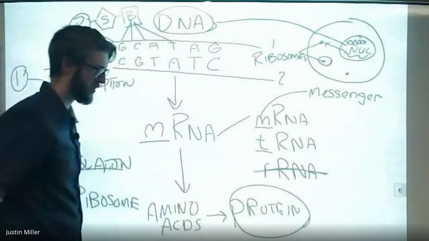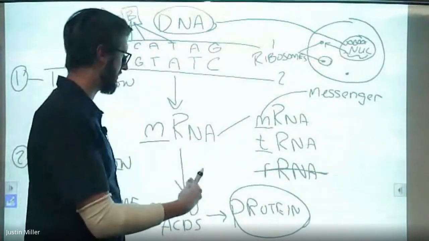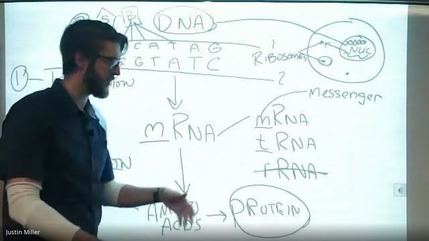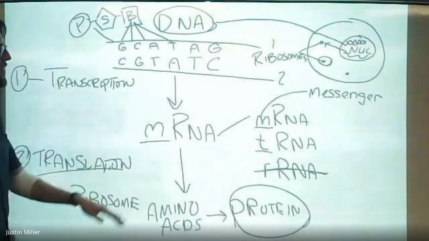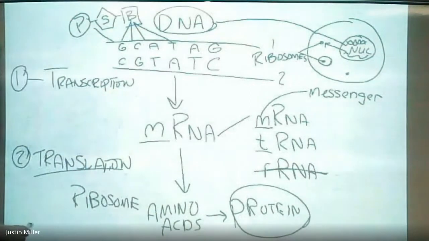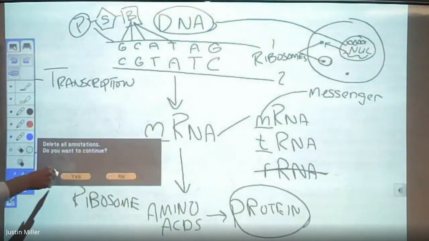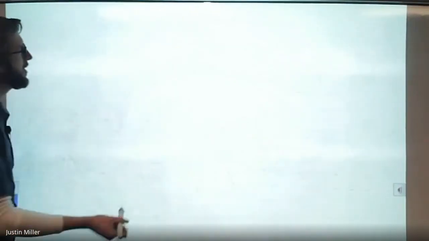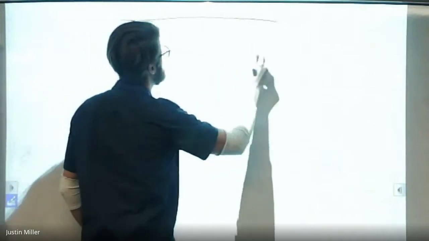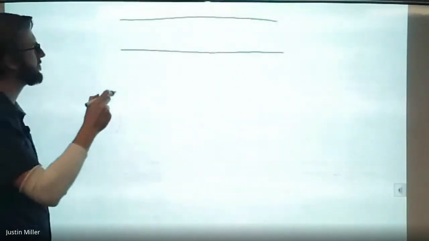And then we end up with a protein. But this still doesn't explain exactly what's going on. This is just a brief overview of the overall process. So now let's get into the nitty-gritty of exactly what's happening. So I'm going to erase this. Okay. So once again, we start off with a double-stranded DNA molecule.